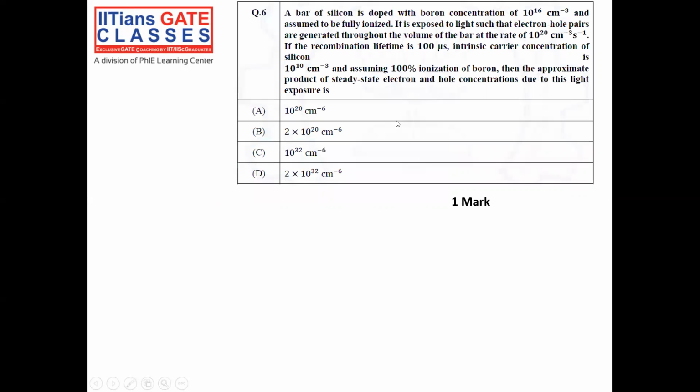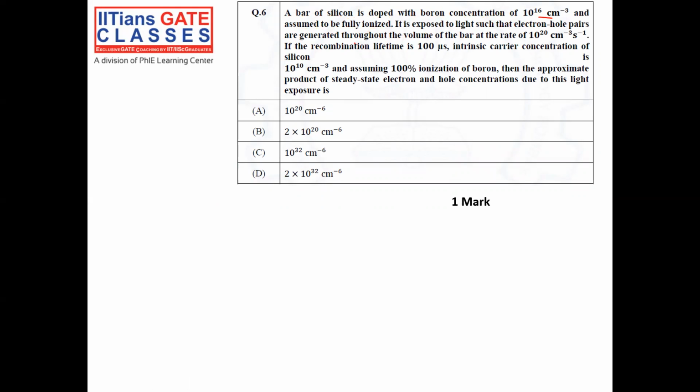So the first question is, a bar of silicon is doped with boron concentration of 10 power of minus 16 per centimeter cube, and assume it to be fully ionized. What is the meaning?